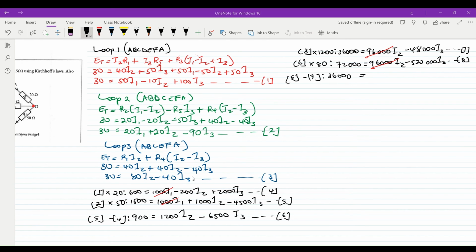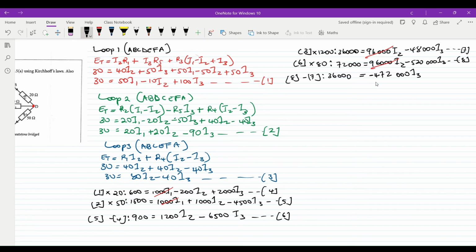We're going to say negative 520,000 minus 48, it's minus negative 48,000. It's very important to be mindful of your signs. That'll be negative 472,000 I3.